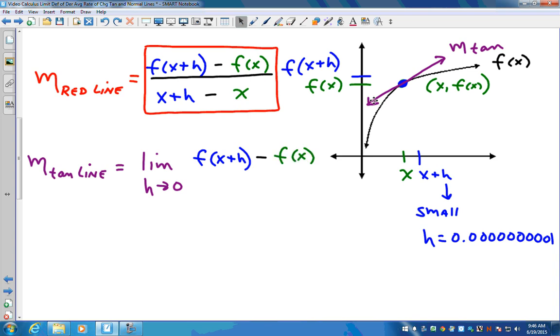You can't see the green point anymore because I moved the blue point on top of it. Why did I move the blue point on top of it? Because h is going to 0, so the difference between the 2 points is nothing. Over x2, which is x plus h, minus x1, which is x.